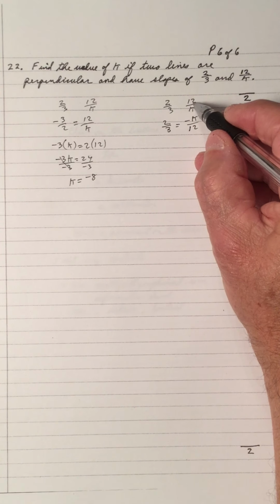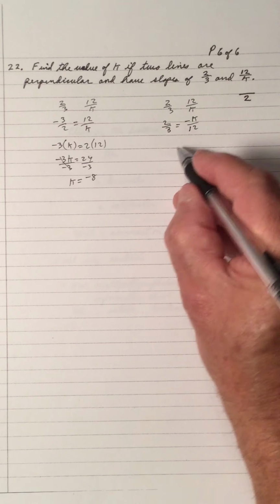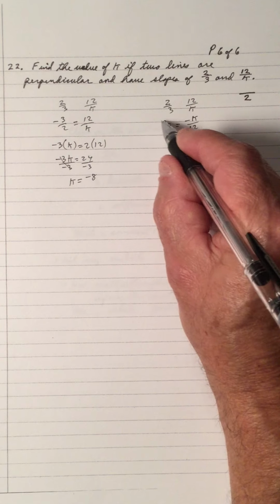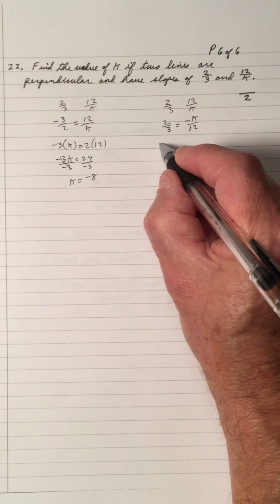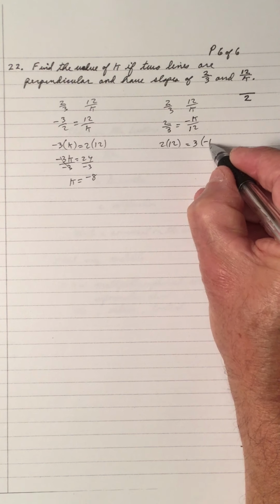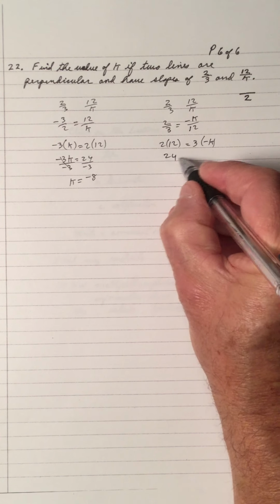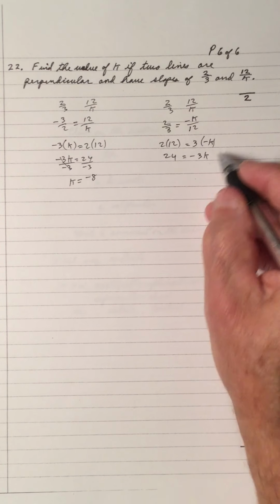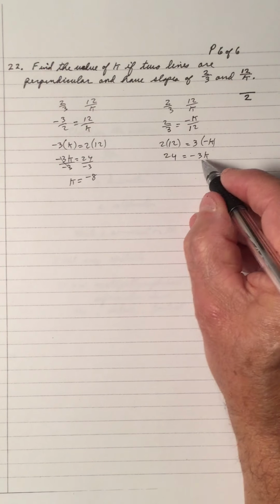Here I did the negative reciprocal of 12 over k. And either way, if I multiply, it doesn't make any difference. I can multiply 2 by 12 and 3 by -k. 24 equals -3k. And I can leave it like that, or I can move it around, your choice.